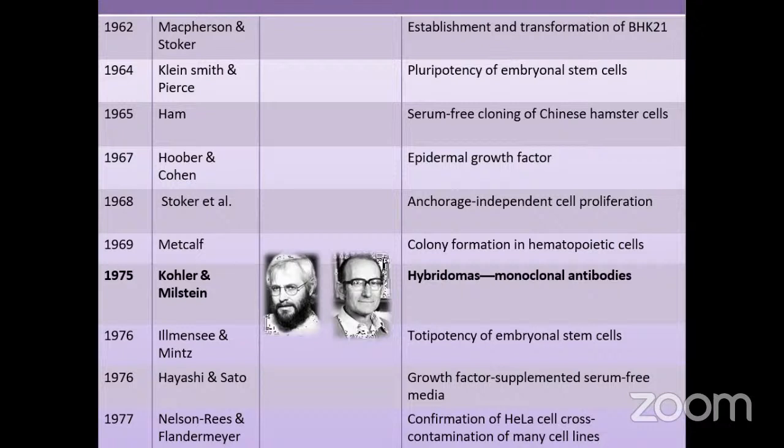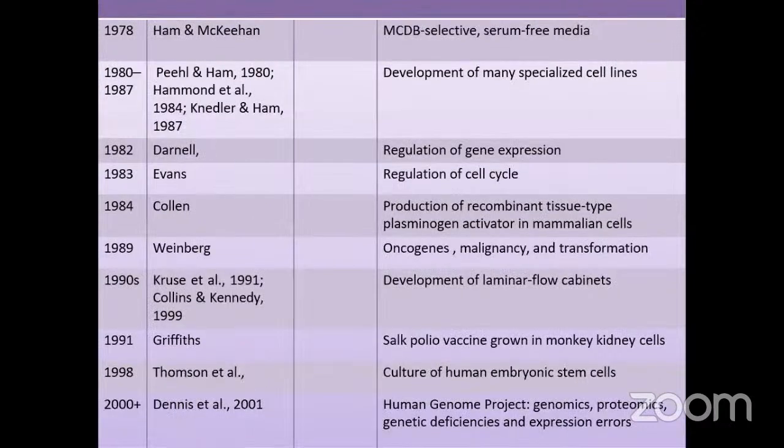In 1976, Hayashi and Sato used growth factors to supplement serum-free medium. And in 1977, Nelson-Rees and Flandermeyer confirmed HeLa cell cross-contamination of many cell lines. Then in 1978, they produced serum-free media.